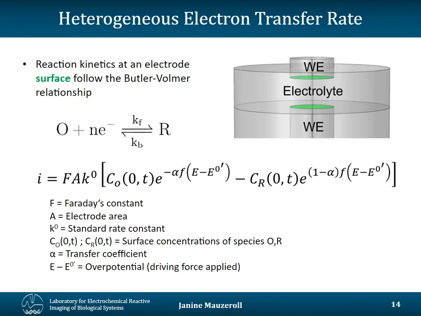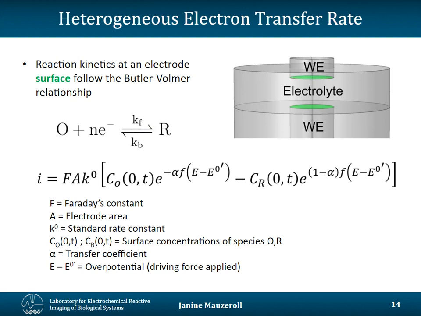In order to understand this, many researchers that use SECM will rely on numerical simulation when they want to understand something about the heterogeneous electron transfer rate that's occurring at the working electrode. They'll be using the Butler-Volmer relationship, which you have on slide 14, and which is a classical expression in electrochemistry.